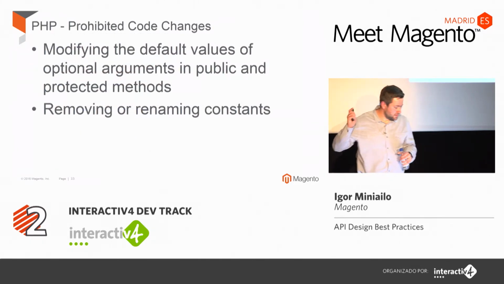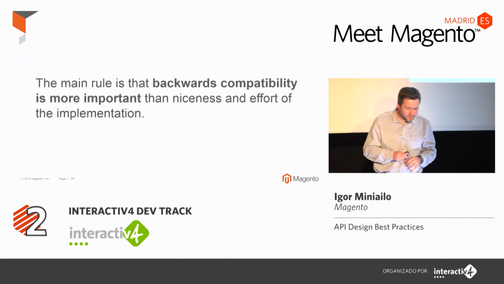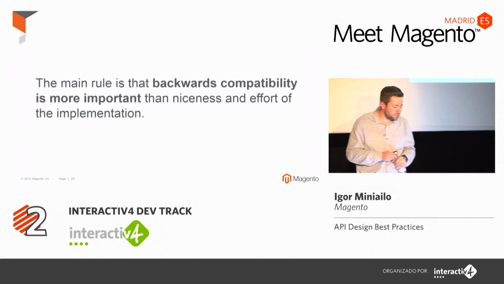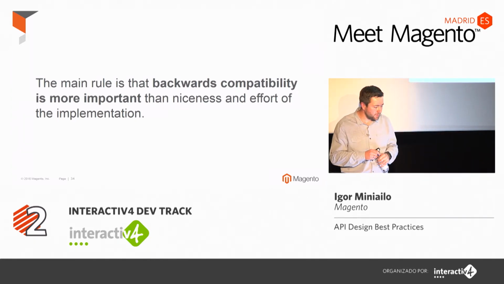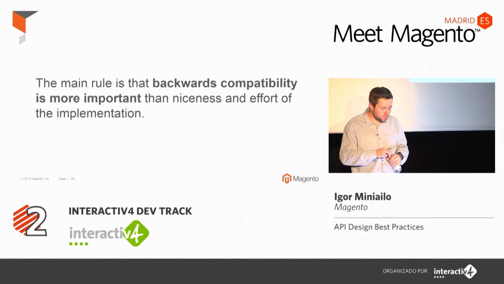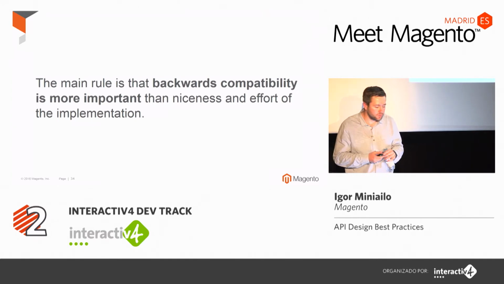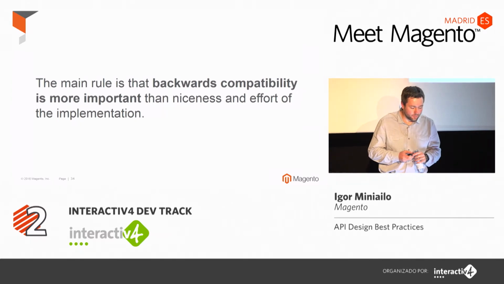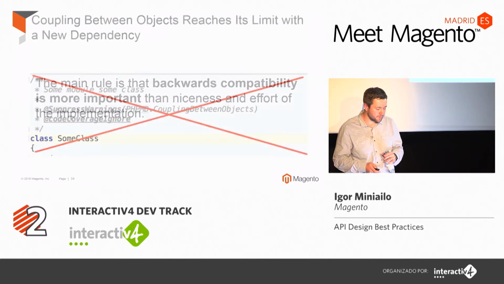Yeah, and many limitations. The main rule for us is that the new code should be backward compatible, and we are ready to live with code that does not look nice, at least at some point in time. So backward compatibility is the top priority.